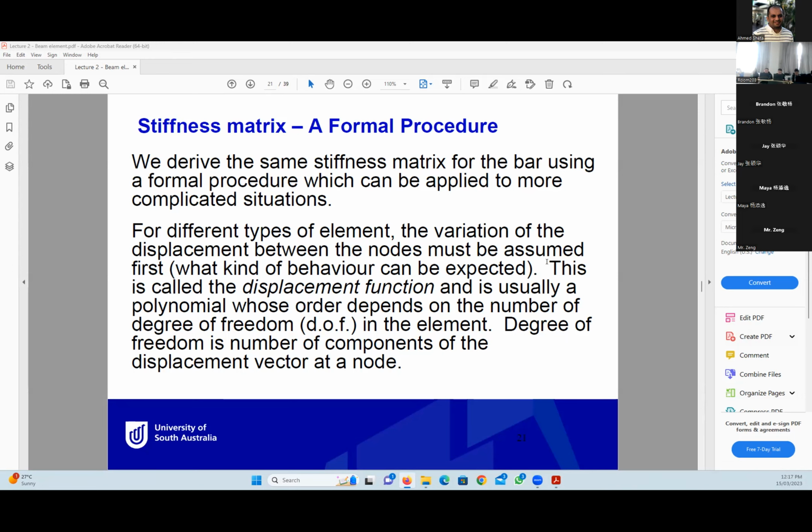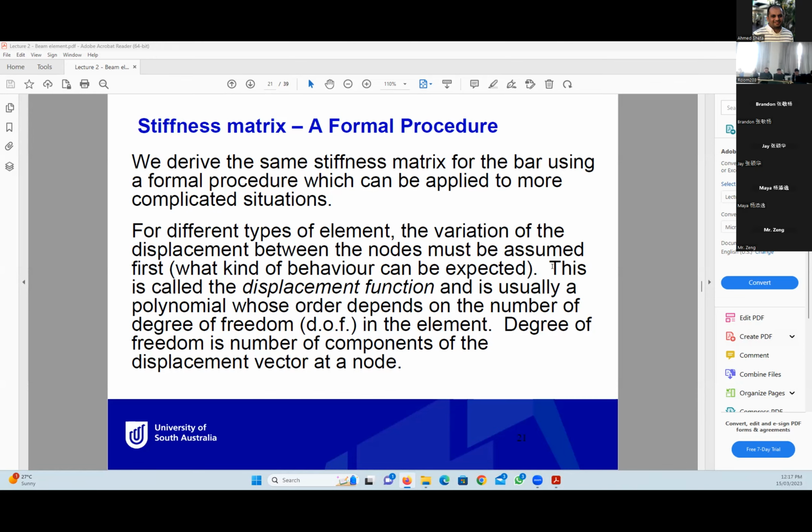To use this formal procedure, we need to know the behavior of the element: if it is expanding, compressed, or if there is deflection, rotation, and torsion. We need to know exactly what behavior to expect in order to assume the unknown parameters we need.